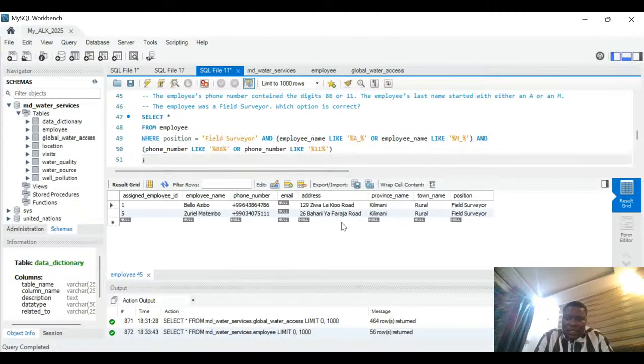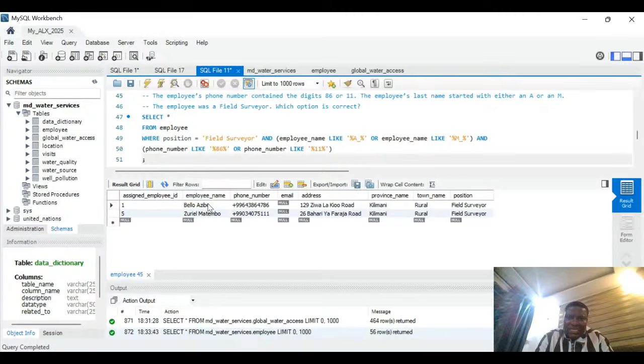Now, the next one is what? The name. Say the name is starting with what? Now they say the last name actually, please let me correct this. The last name.